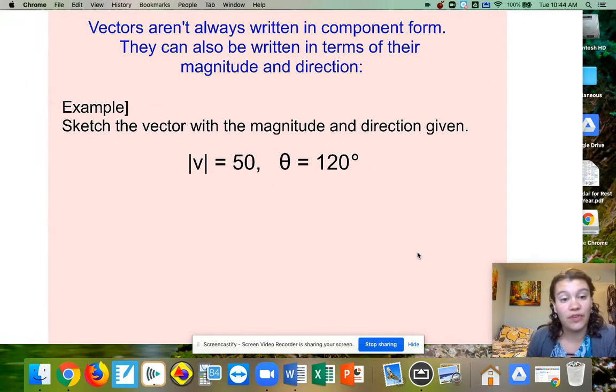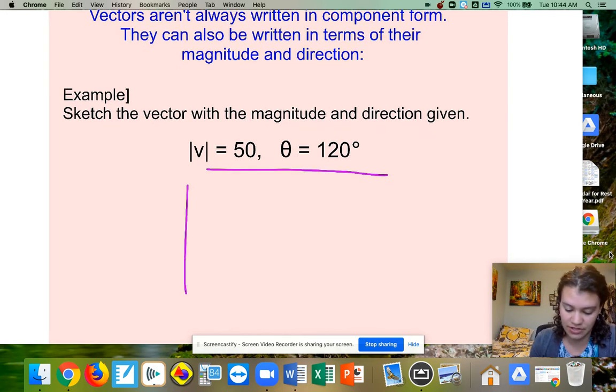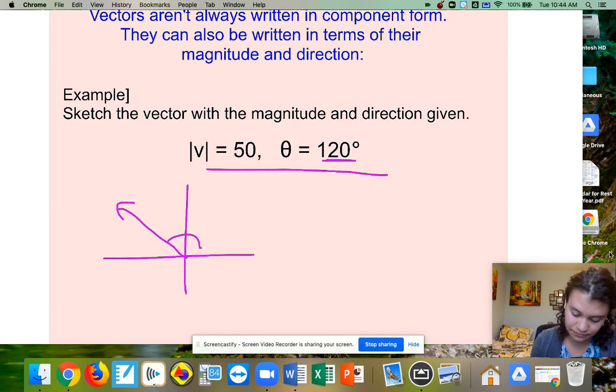Okay, so vectors aren't always written in the component form or the ij form. Sometimes you're given the magnitude and the direction, like it is right here. So this is telling us, if I sketch the unit circle, we're going to be at a 120-degree angle, which is somewhere over here. And the length is 50.